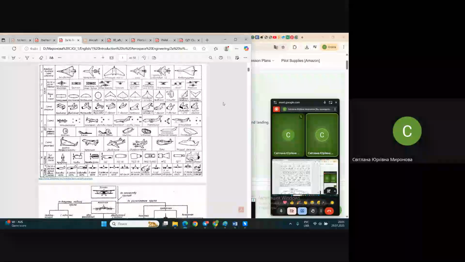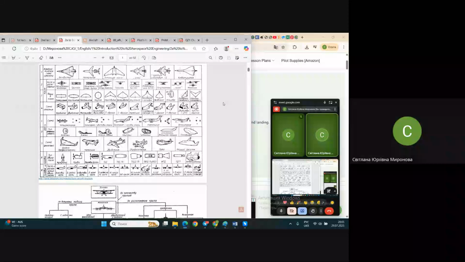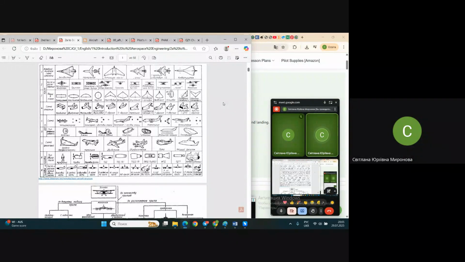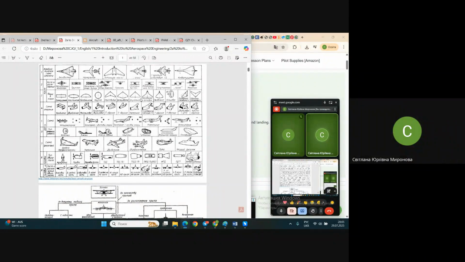Depending on the flight speed, airplanes may be categorized onto at least subsonic and supersonic, at least. And all those classifications are represented in different ways in different literature.